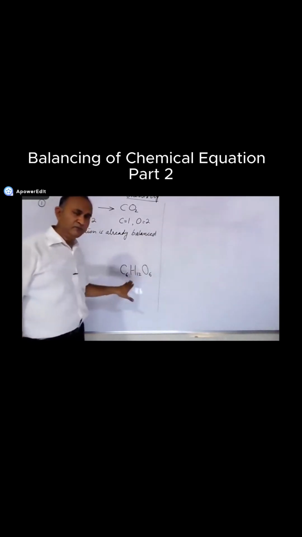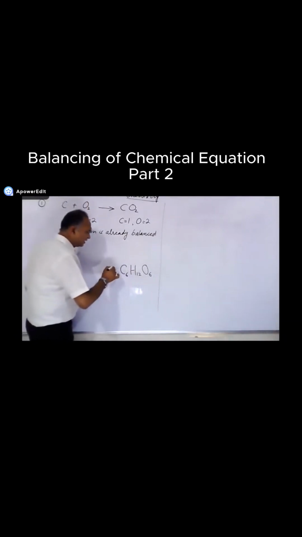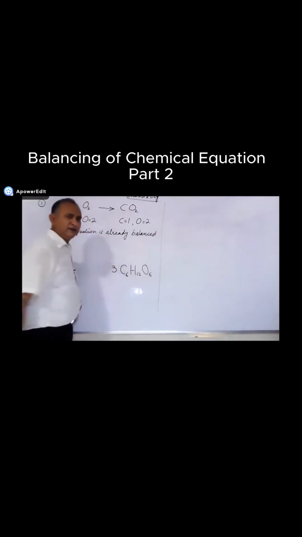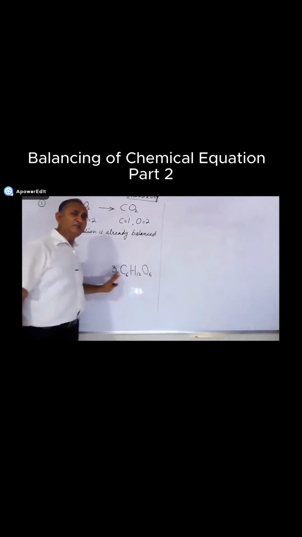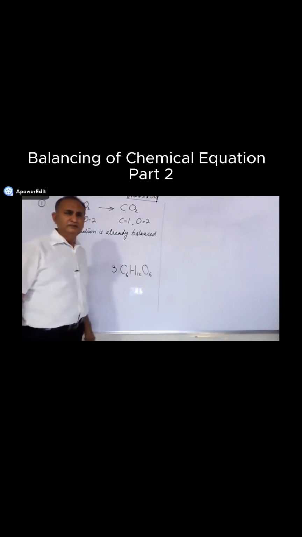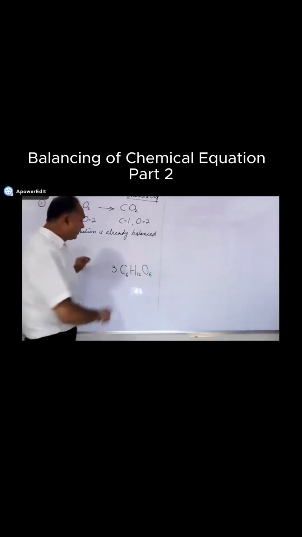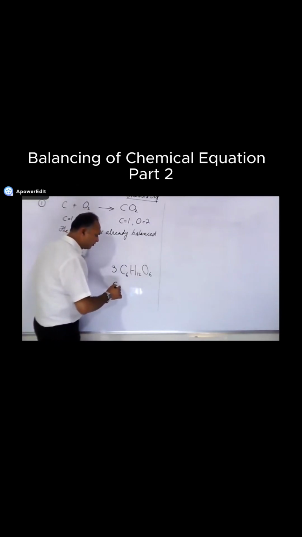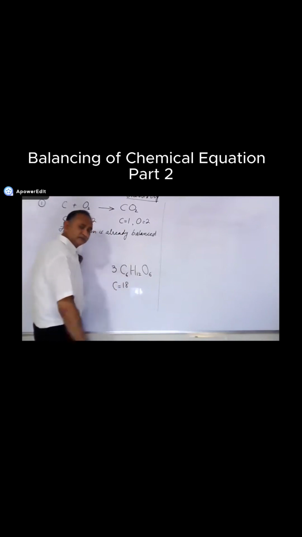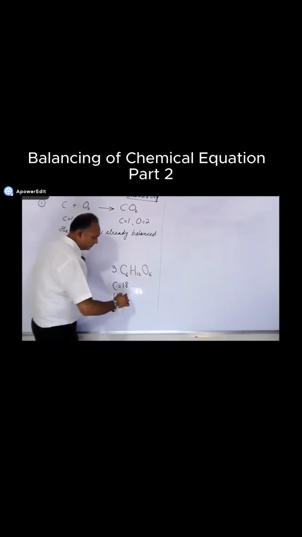If I write here 3, it means 3 molecules of glucose, or 3 moles of glucose. Now if I ask, how many carbons are here right now? You will have to multiply this 3 by 6. 3 6s are 18. 3 12s are 36. 3 6s are 18.